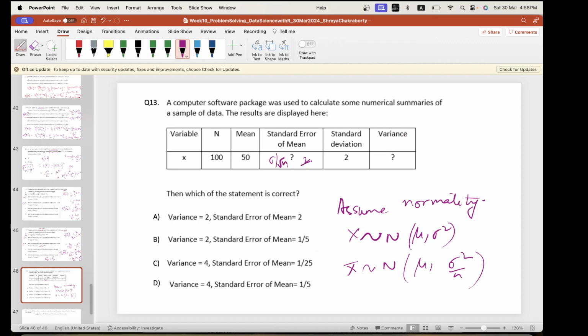So this will be 2 by 10, that is 0.2. And standard deviation is given 2. So variance would be 4. So standard error of mean is 1 by 5 and variance is 4.